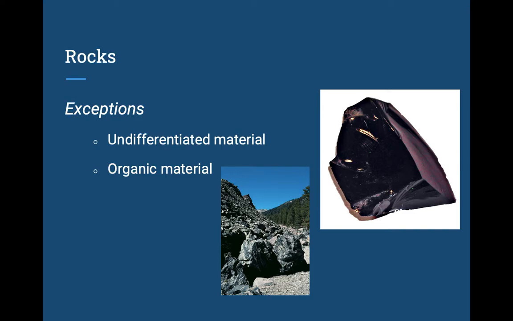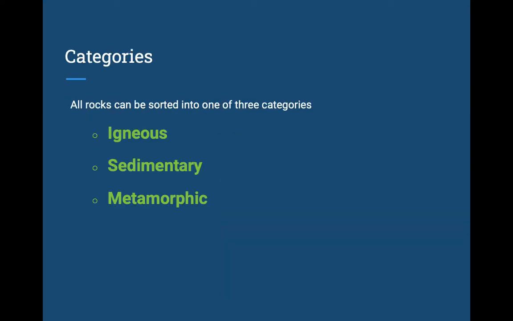All right? But of course, it's not that simple because we have rocks, but we have to classify these things because that's what scientists do. They love to put stuff into these little categories. That's how they roll. So any rock we find can be placed into one of these three categories.